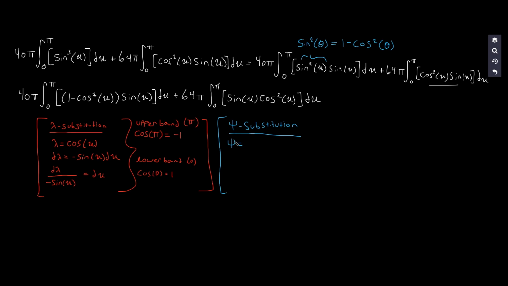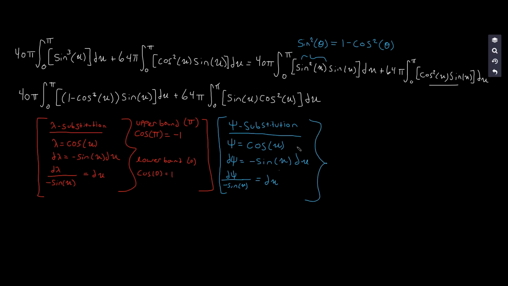Anyway, let's set c equal to cosine of u as well. Then the derivative dc equals negative sine of u. We don't have negative sine of u, but we do have sine of u. We'll take this dc and divide it by negative sine of u. Oh yeah, this is supposed to have a du here. And over here, we're just going to have a du.